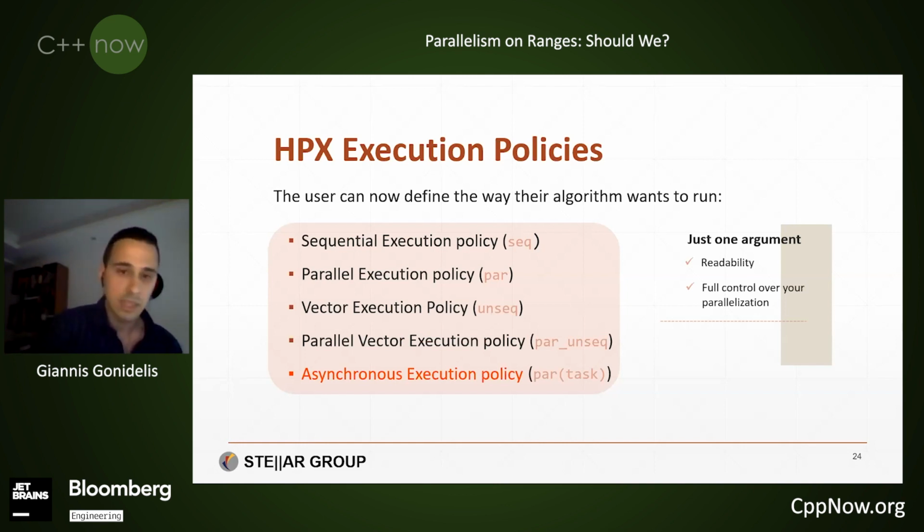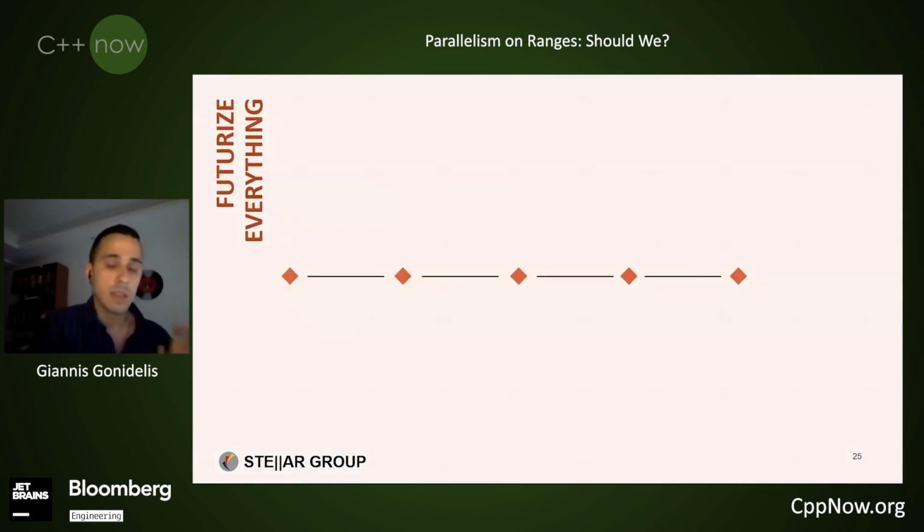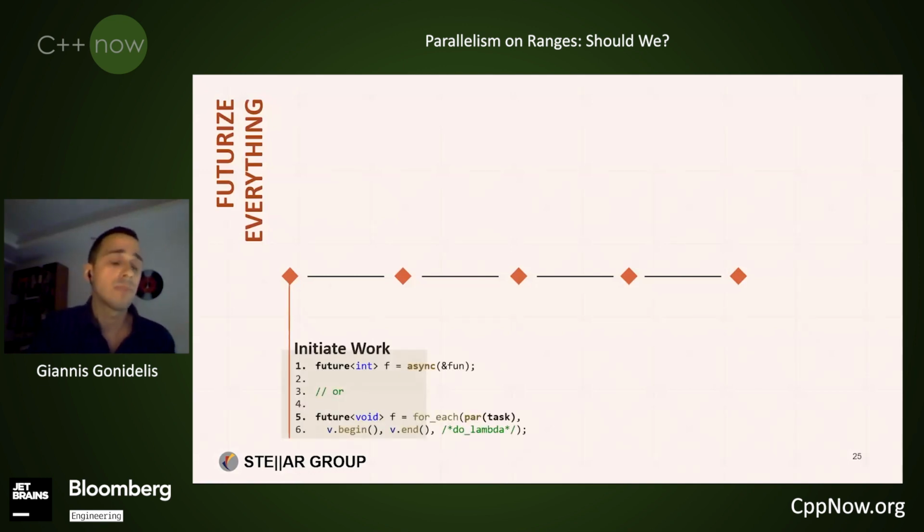And here's a very representative example of how that is achieved. With futures, with futurization, what you would probably do using HPX is initiate your work with either an HPX async command call, where you would just call your function with HPX async, or you would port your asynchronous execution policy in there.